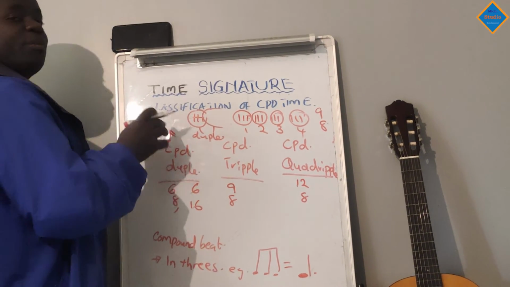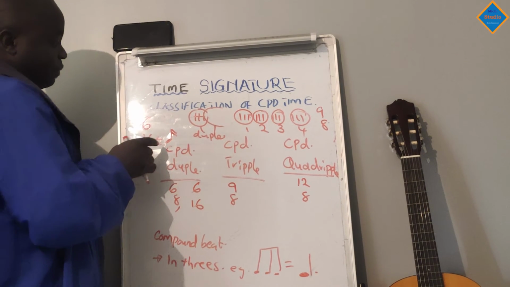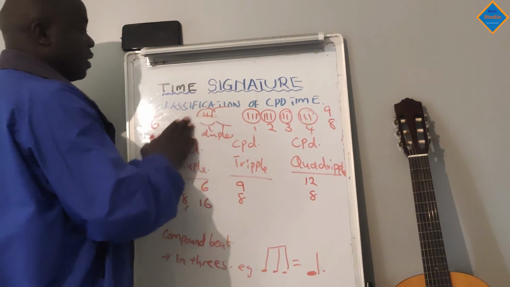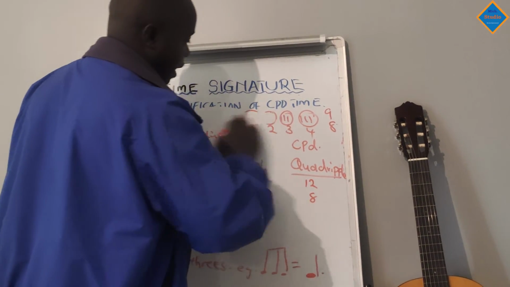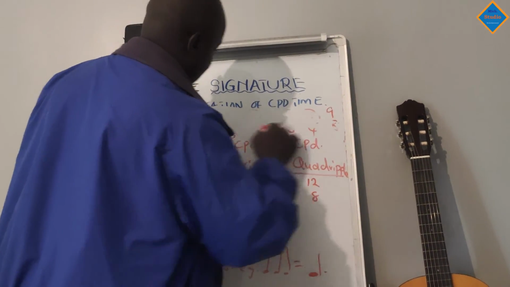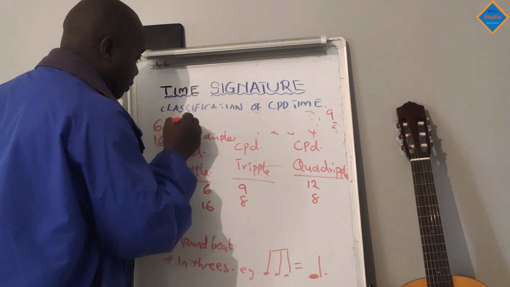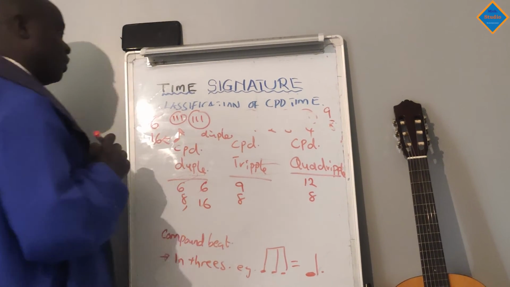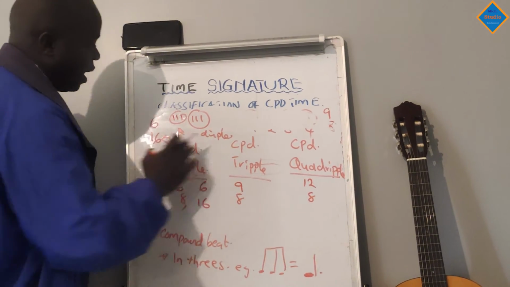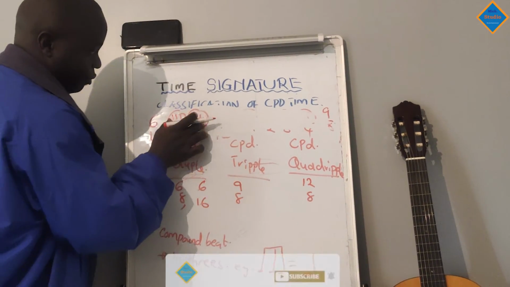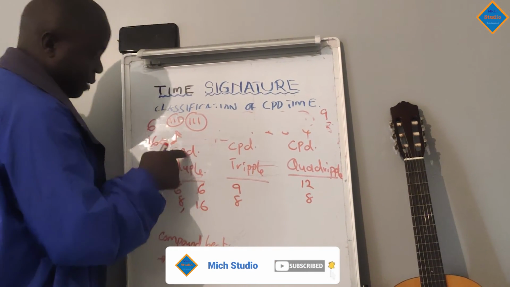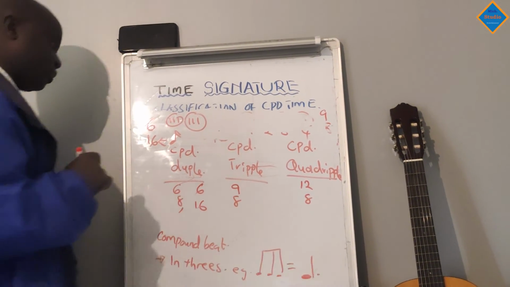These semiquavers, you group them in threes. So you ask yourself, how many groups of 3 semiquavers will be found in a value of 6? When you group them, 1, 2, 3, the first grouping, 1, 2, 3, the other grouping, you will discover that you have 2. The 2 mathematically means duple. So 6/16 is an example of compound duple.